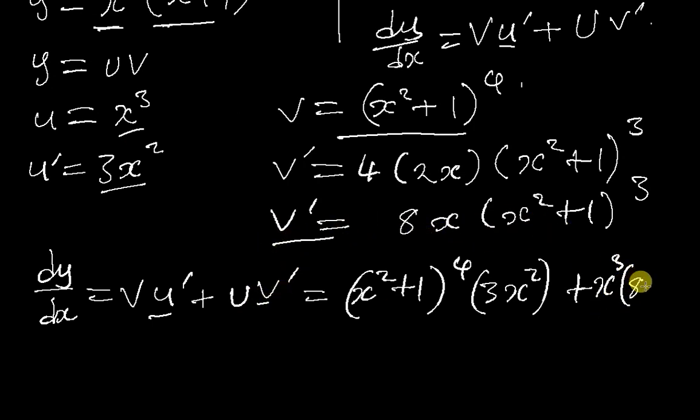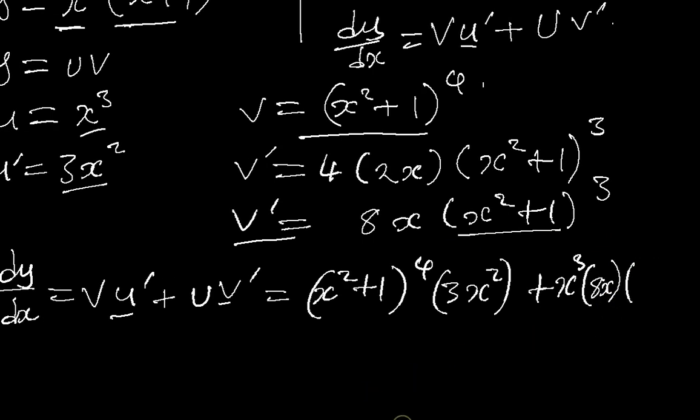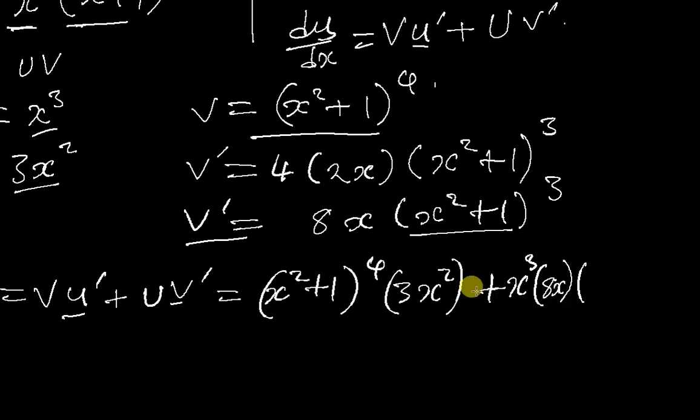So we have 8x, and then multiplied by this, which is open brackets, x squared plus 1 to the power 3.